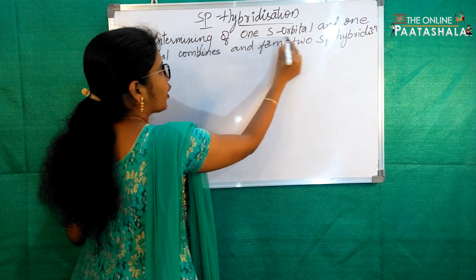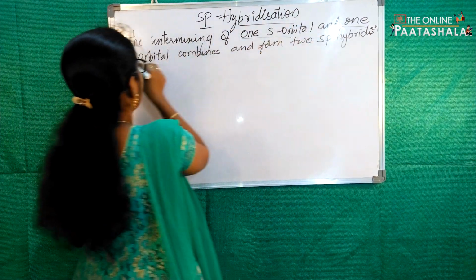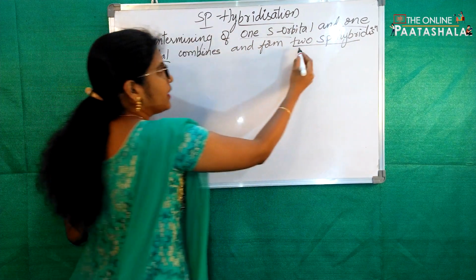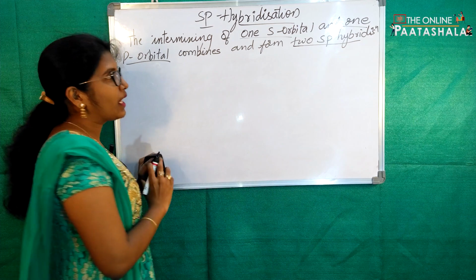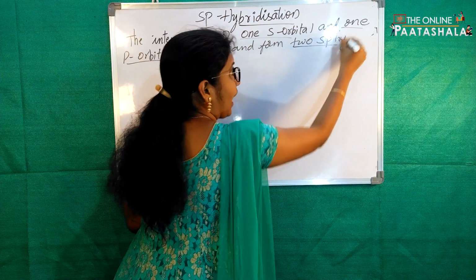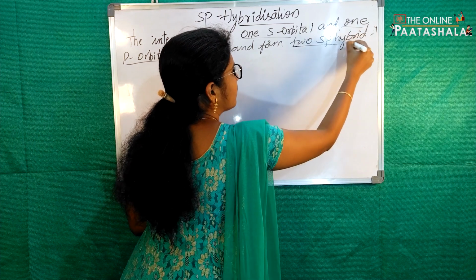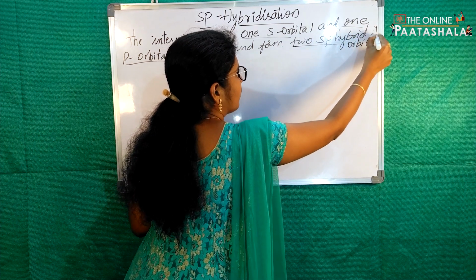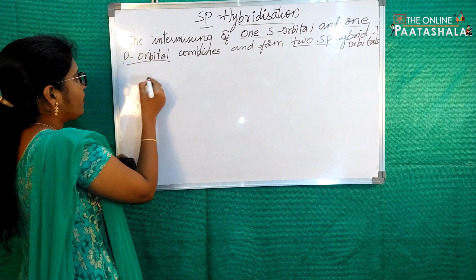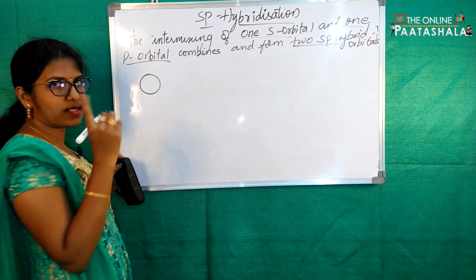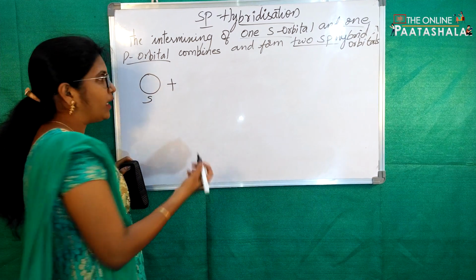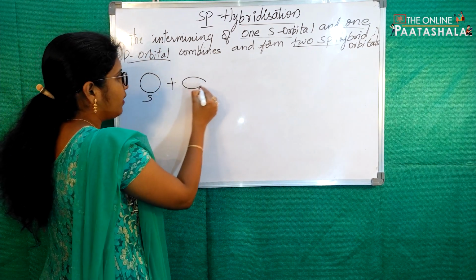One s orbital and one p orbital combine to form hybrid orbitals, and they give 2 sp hybrid orbitals. Let's see, this is one s orbital plus one p orbital. What is the shape of p orbital?